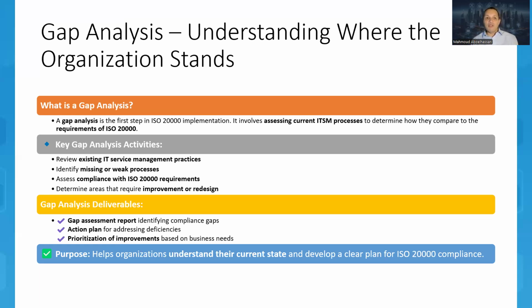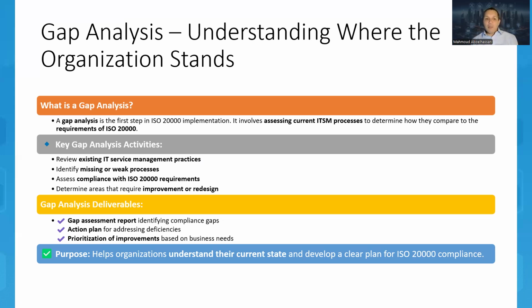The key gap analysis activities start with reviewing the existing IT service management practices, identifying the missing or weak processes, then assessing compliance with ISO 20000 requirements, and determining the areas that require improvement or redesign.